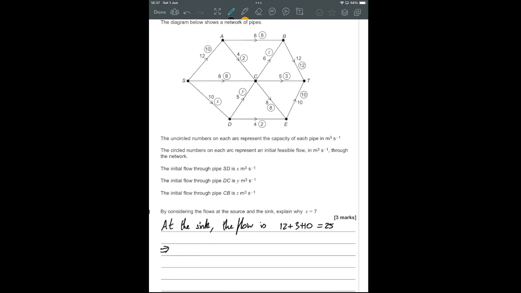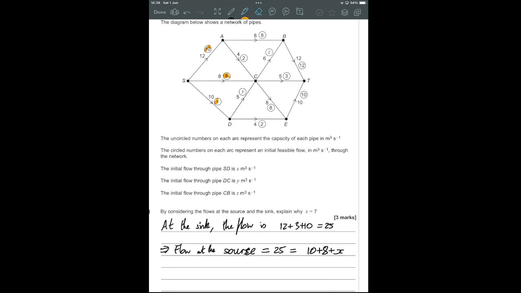Well, that means that the flow at the sink, sorry, we've just done the sink, the flow at the source is also 25. But that is the circled numbers again, which is the 10, the 8, and the x.